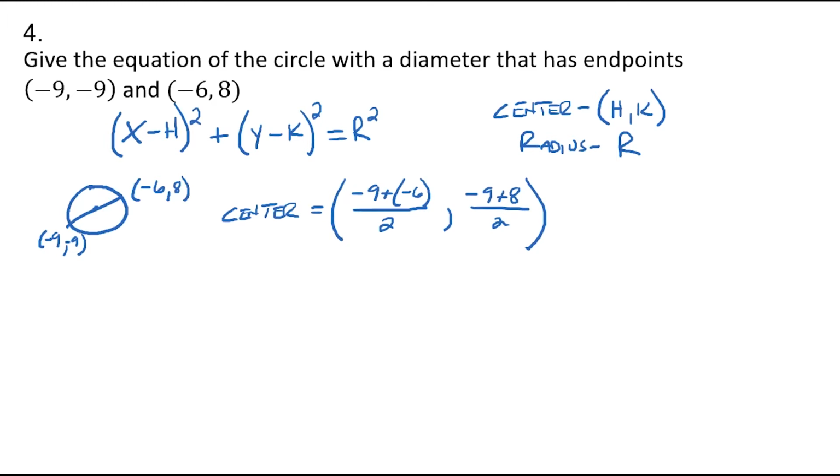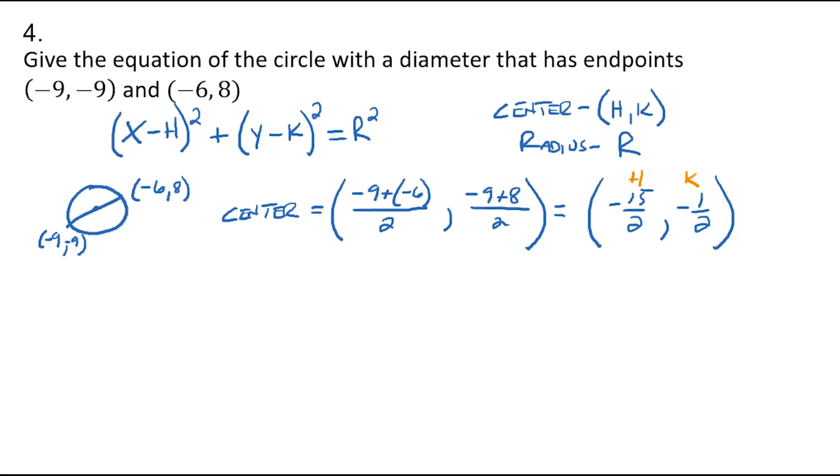And that should give us our center. The result of this would be -15/2, comma, -1/2. Okay, so this is our h, and this is our k.